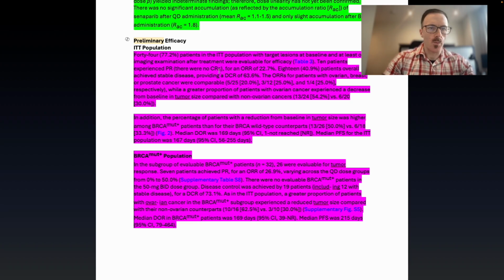So the authors have reported preliminary efficacy in two study populations: the intention to treat population, the ITT, and a subgroup population with a specific mutation that is relevant to this drug. As this is an oncology study, the RECIST 1.1 guidelines were used to assess tumor response.